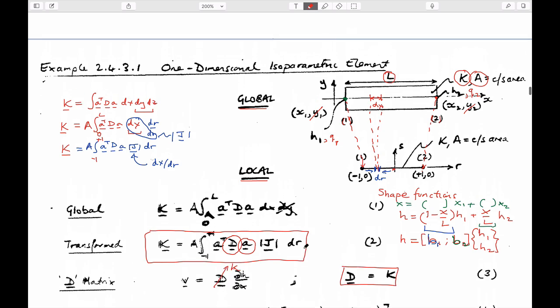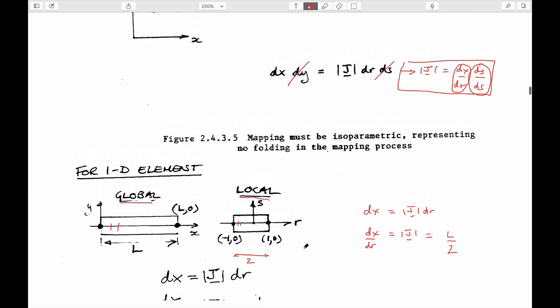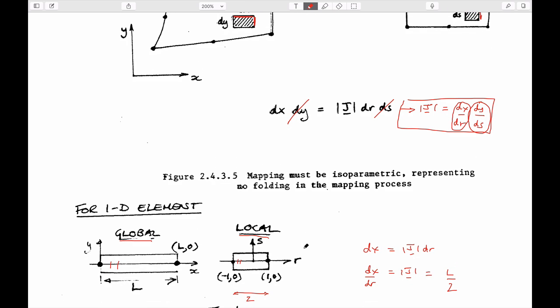And so if we drew these things out, I'm just going to find a piece to be able to draw this. If you take our one-dimensional element, which looks like this, instead of being drawn in the x direction, it's drawn in the r direction.